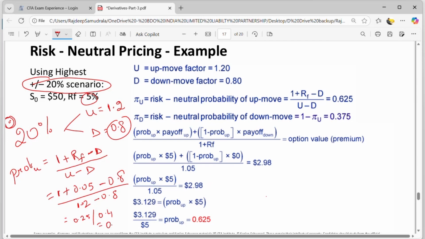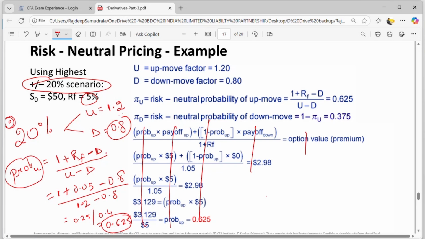How much is that? 0.625. So there is a 62.5% chance of it going up with a 20% hike. Clear? Don't forget, the 20% is also important because I use that in the U and D.